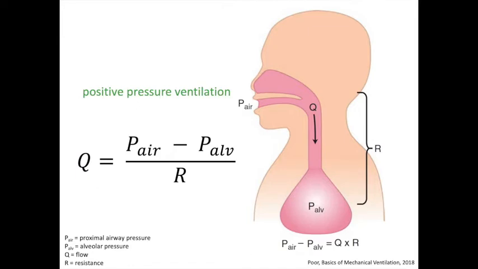Now compare that to positive pressure ventilation. With positive pressure ventilation, the ventilator increases proximal airway pressure. This pressure is now greater than alveolar pressure, and it results in flow also going into the patient. So with positive pressure ventilation, the ventilator pushes air into the lungs.